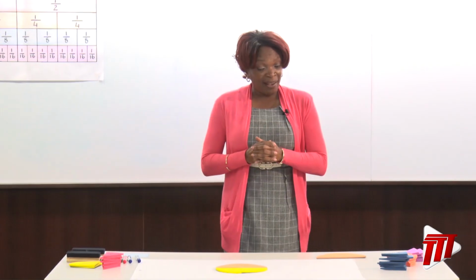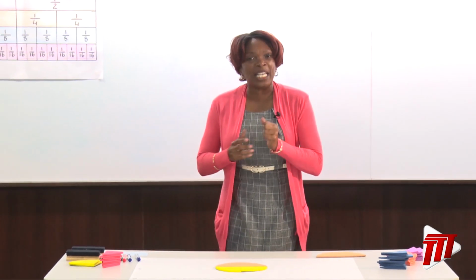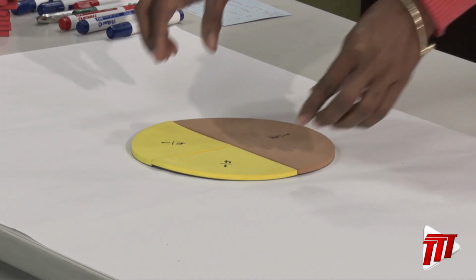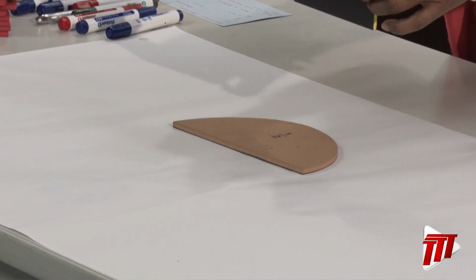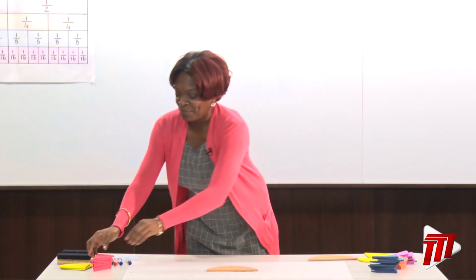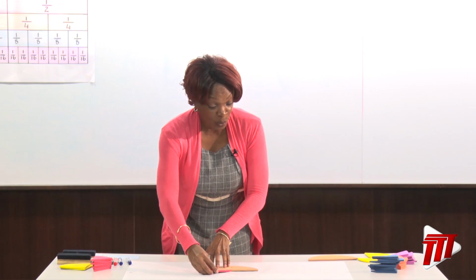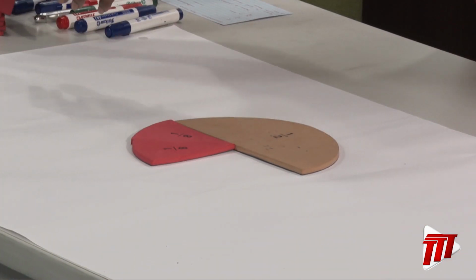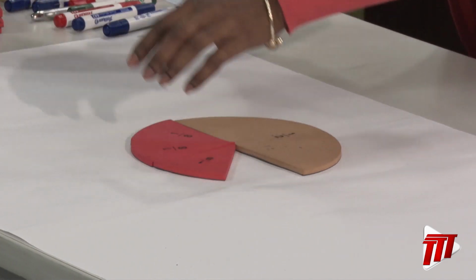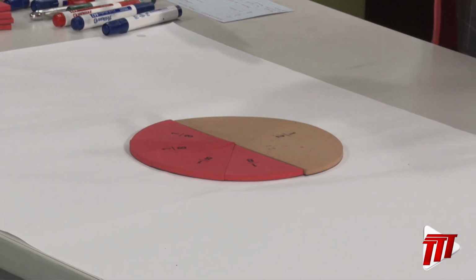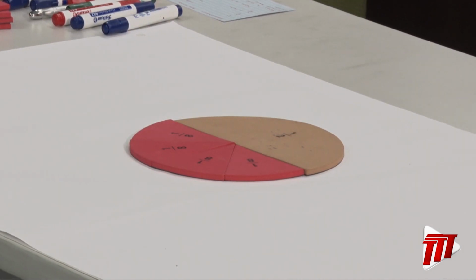So we can say that 1/2 is equal to 2 quarters. Let's try eighths. 1, 2, 3, 4. So clearly we can see that 1/2 is equal to 4/8.